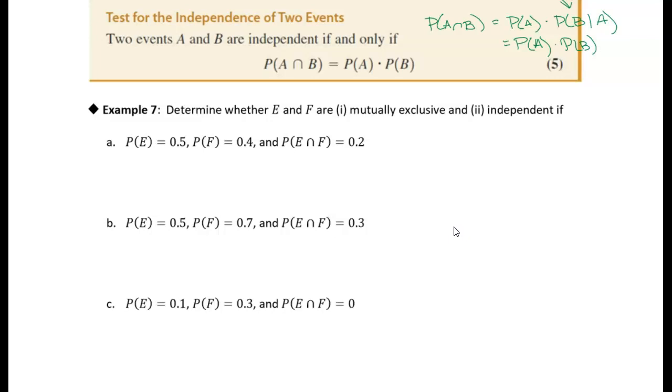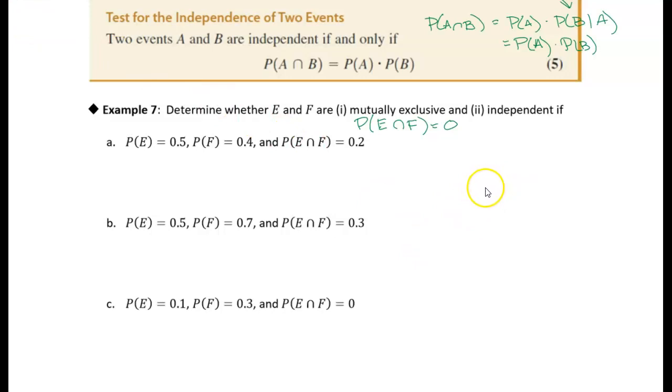If they cannot happen together, then the probability of E intersection F, which means that E and F happen together, is 0.